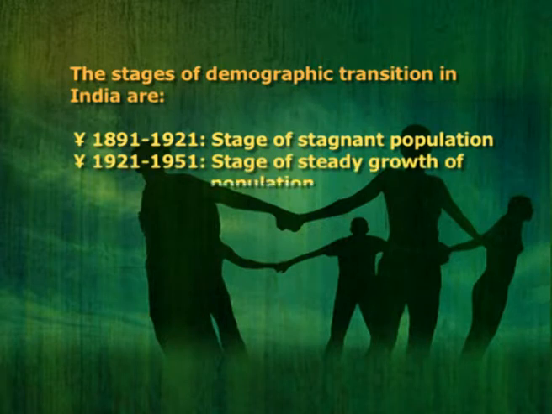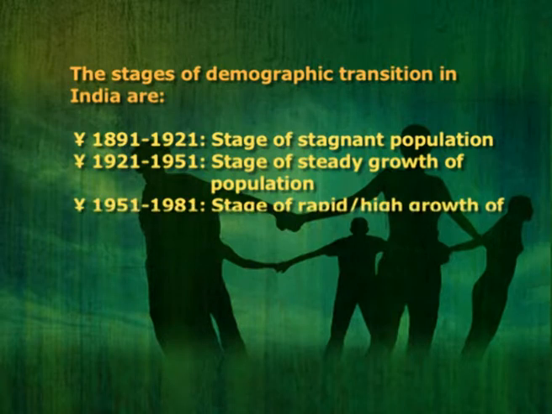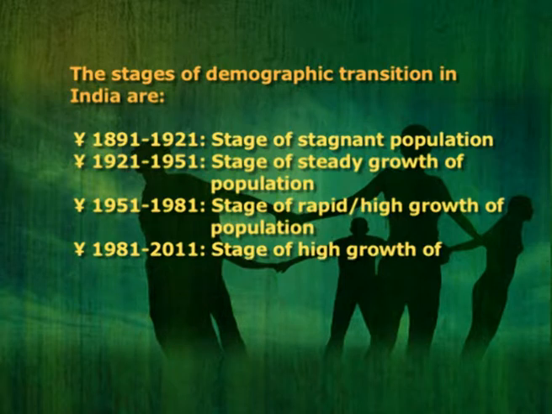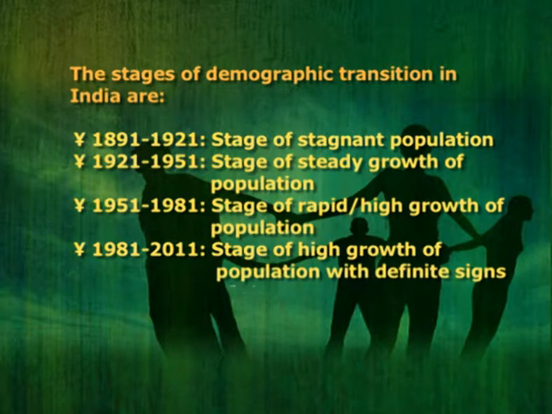In 1921 to 1951, stage of steady growth of population. The stage of rapid and high growth of population is seen in 1951 to 1981 and the spread from 1981 to 2011 is seen as the stage of high growth of population with definite signs of slowing down.